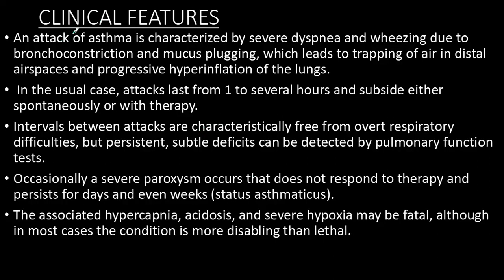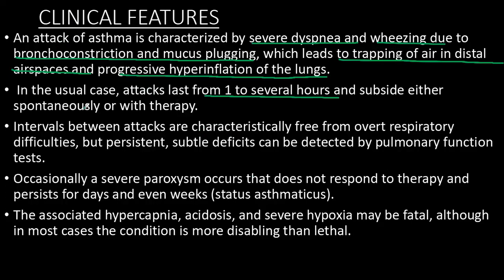Clinical features. There will be severe dyspnea and wheezing due to bronchoconstriction and mucus plugging, and this will lead to trapping of air in the distal air spaces and progressive hyperinflation of the lungs. In usual cases, the attack lasts from 1 to several hours and subsides either spontaneously or with therapy.